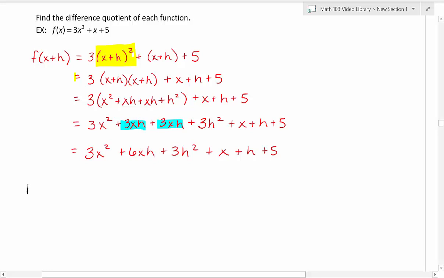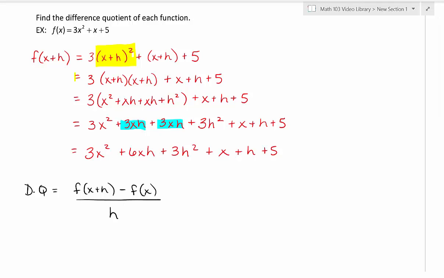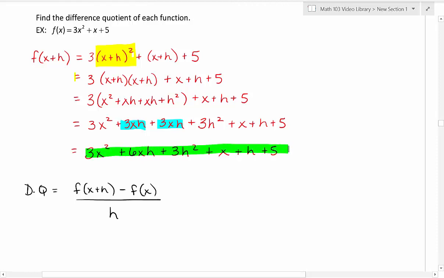The difference quotient is f of x plus h minus f of x, all divided by h. So we're going to take this expression that we just found, plug it in here for f of x plus h, and then continue with the rest.